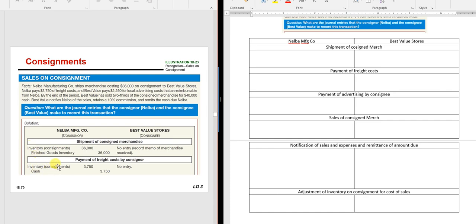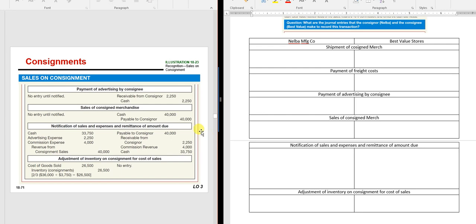And then I paid shipping. Technically this is freight in. Any cost to get the asset ready for its intended use is added to the cost of the asset, so I add that to the inventory. Hopefully that makes sense, and I'm just separating out this inventory. You could even put inventory on consignment at Best Value if you have consignment at several locations, so I can keep track of it. Next one, payment of advertising by consignee.